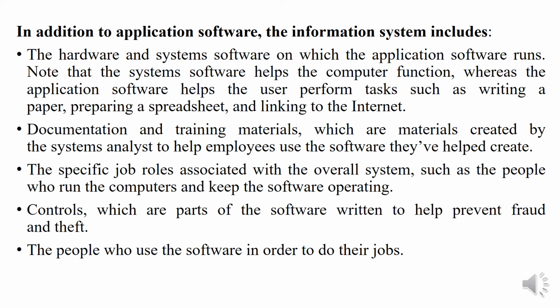The people who use the software do their jobs based on their profile, and the information system helps in their work as well as in understanding and doing analysis based on the organization's demand.